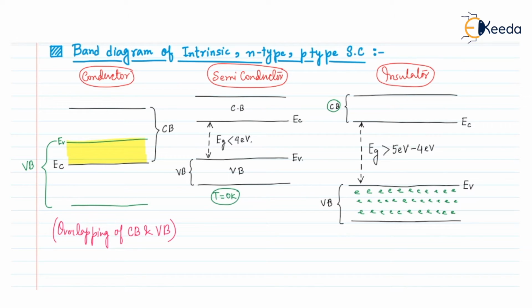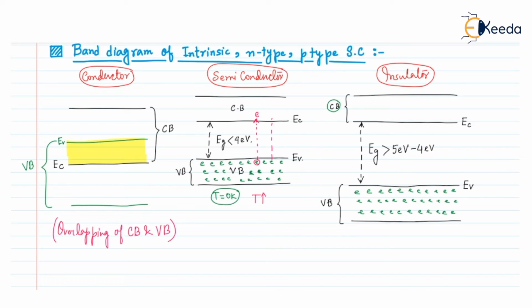At T equals 0, all the valence electrons reside inside the valence band in this way. Now, suppose I am raising the temperature beyond 0 Kelvin, then the electrons here will jump into the conduction band and there will be a free electron.